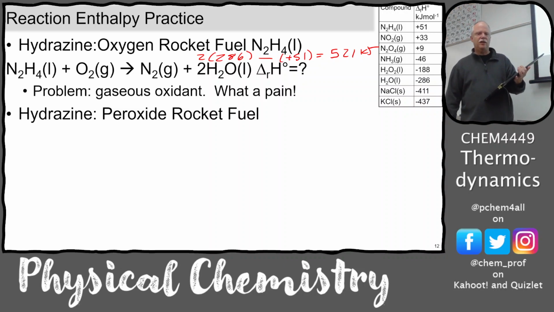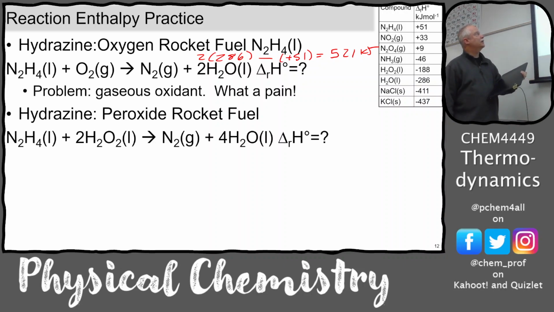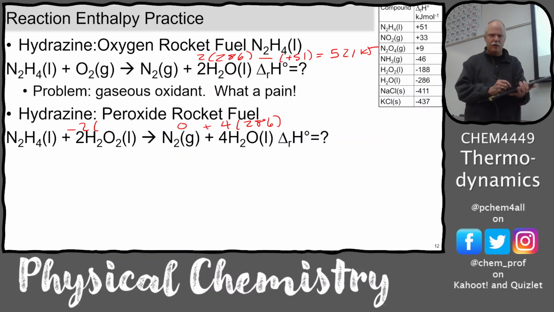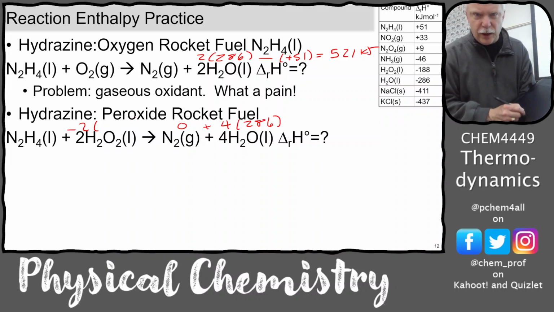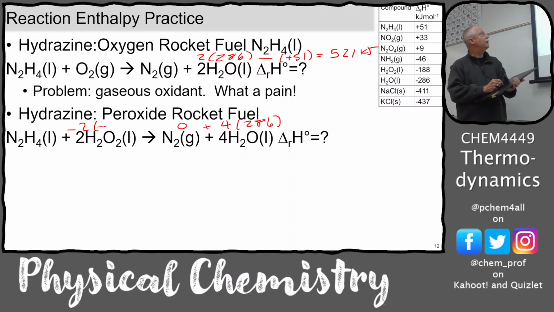So let's try to put a liquid oxidant in there. So here's peroxide. And so let's see what we get with peroxide. This changes the number of moles of water. We still have nitrogen, though, as an element, so that's 0. 4 times 286. And then we're going to subtract 2 times the peroxide, which is negative 188.